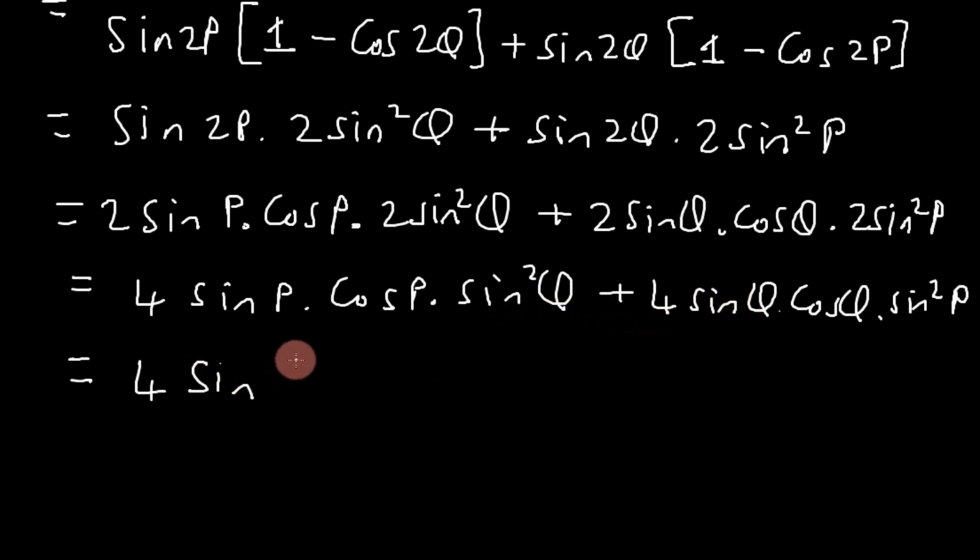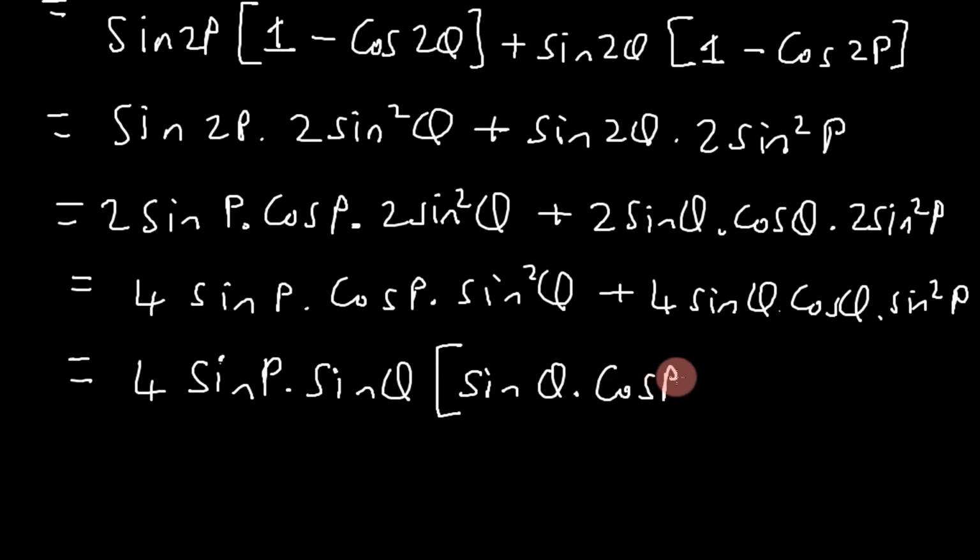So we can take out this common factor, 4 times the sine of p times the sine of q. What we have left here, when we take out this common factor, is the cos of p times the sine of q. I'm going to write it as the sine of q times the cos of p.